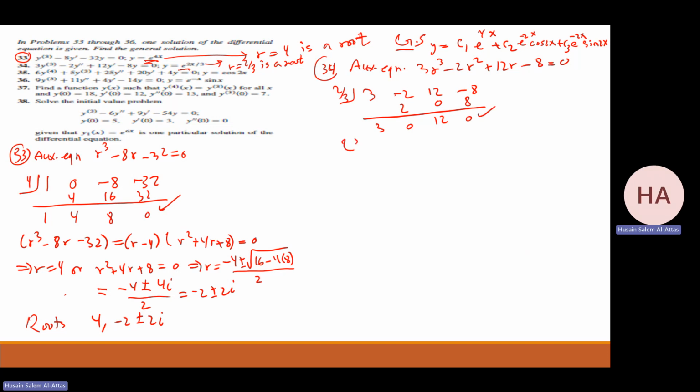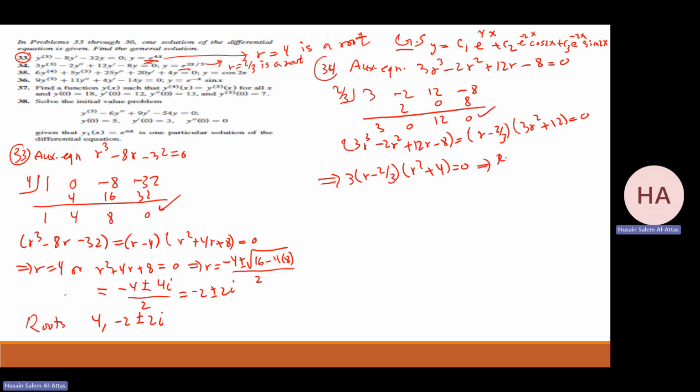So this one, 3r cubed minus 2r squared plus 12r minus 8, is equal to what? r minus 2 over 3 times 3r squared plus 12 equals 0. I can take 3 as a common factor. I have 3 times r minus 2 over 3 times r squared plus 4 equals 0.